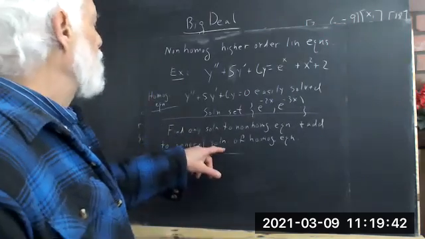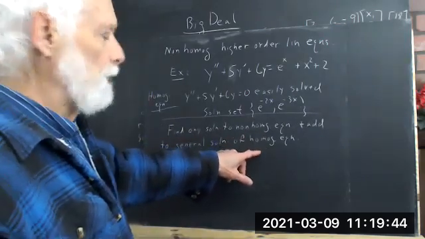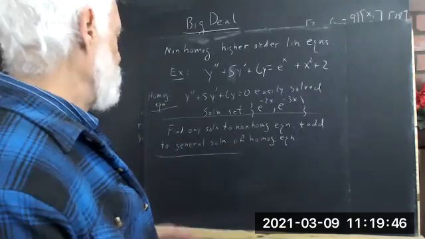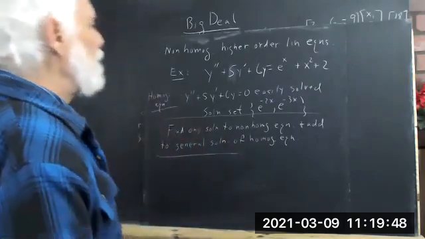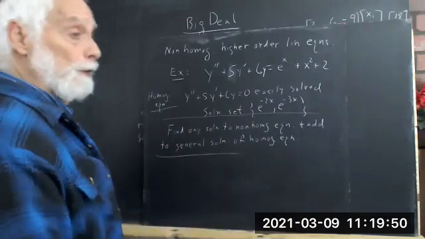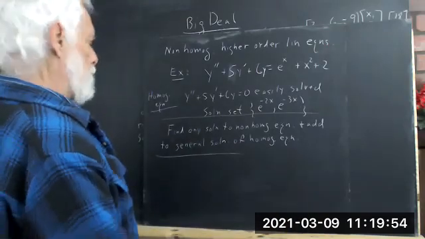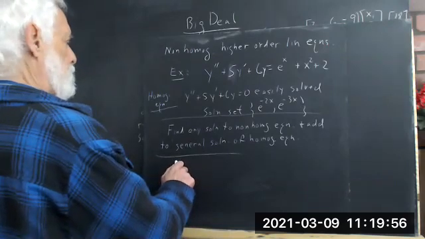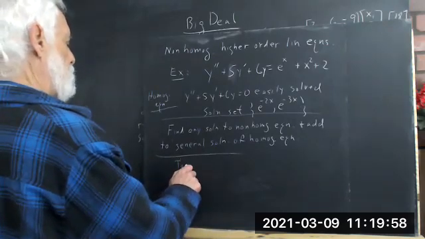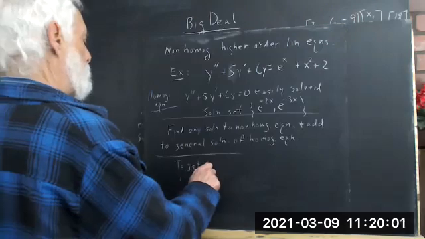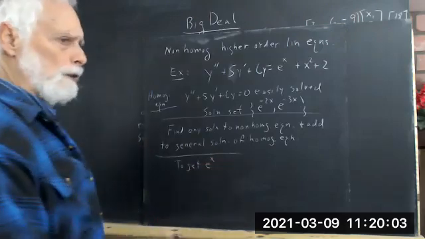Okay, so find a solution to the non-homogeneous equation, add to the general solution of the homogeneous equation. So to find a solution to the non-homogeneous equation, let's just look at the e to the x.